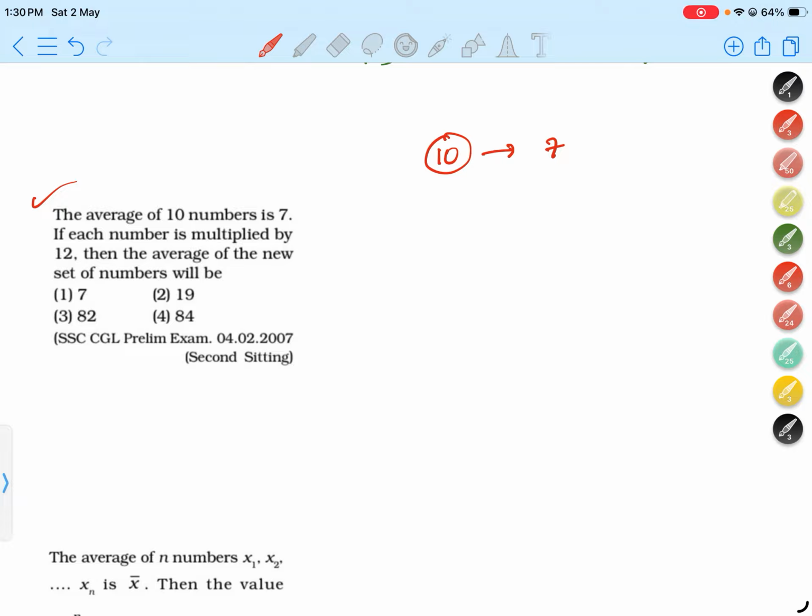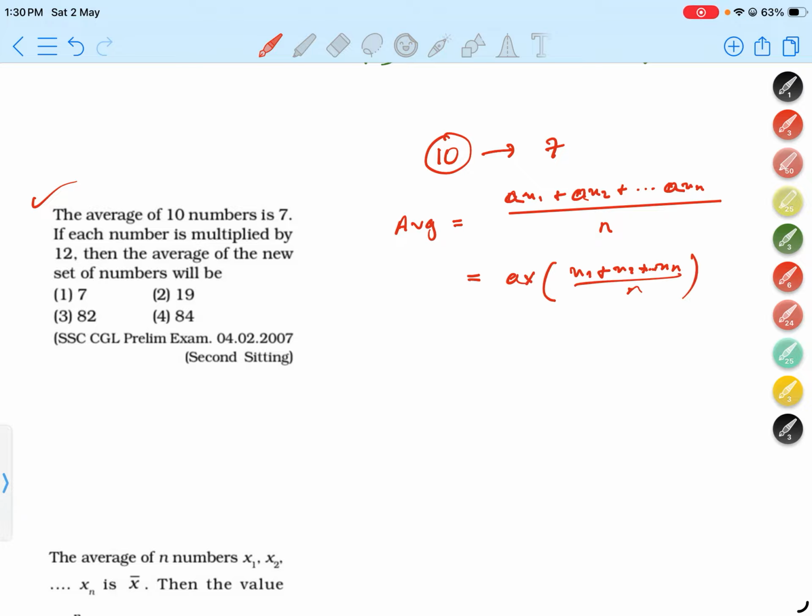There is a property of average which says that if all of the observations are multiplied by a common number a, let's say ax1 plus ax2 plus axn upon n, this will be equal to a times x1 plus x2 plus xn divided by n, which is a times the old average.